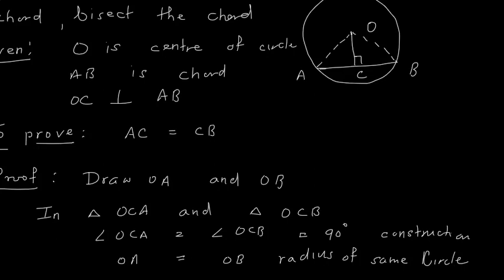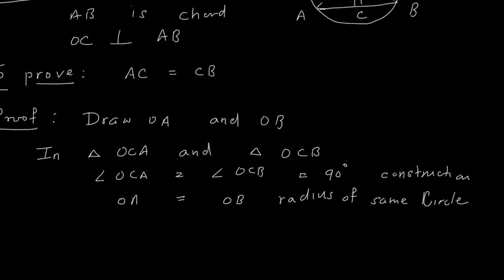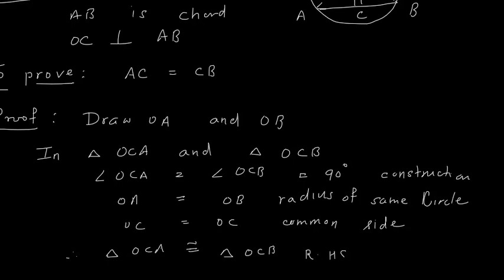And third, OC is equal to OC, which is a common side. So therefore triangle OCA is congruent to triangle OCB, and the criteria which we got here is the right hand side test, RHS criteria.